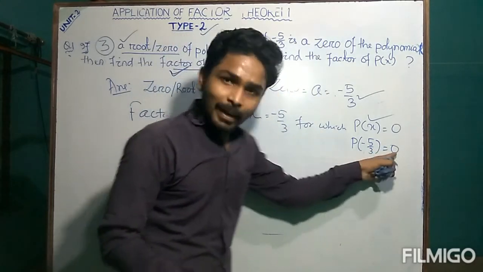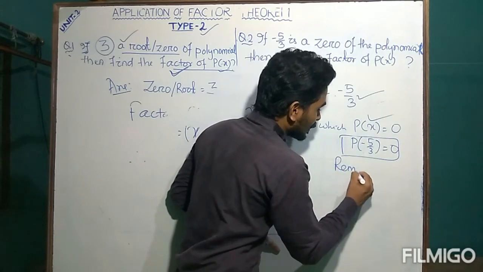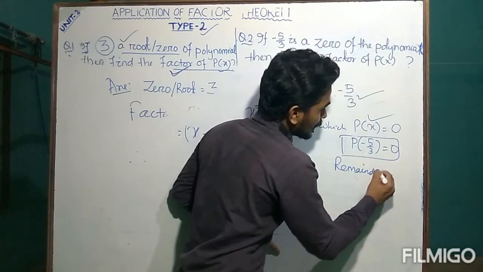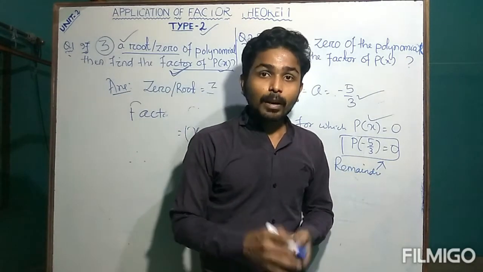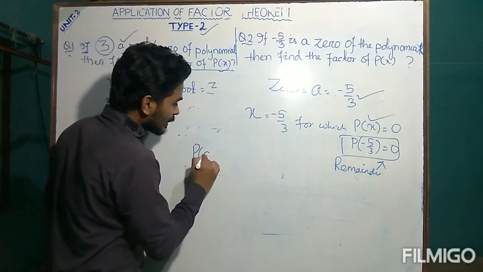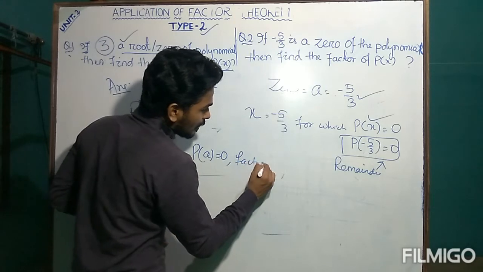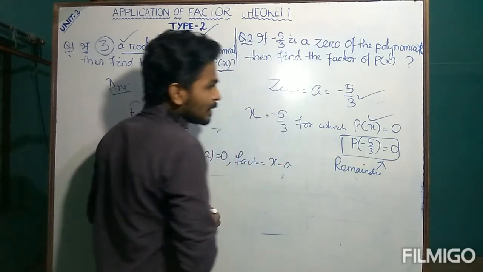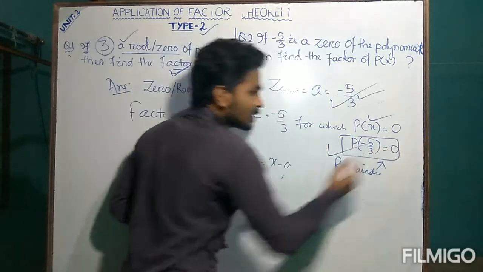That means it is the remainder part. Hence we get the remainder is equal to 0. And according to statement 2, if the remainder is equal to 0, then the factor is x minus a. Similarly, here a is given and the remainder is equal to 0.